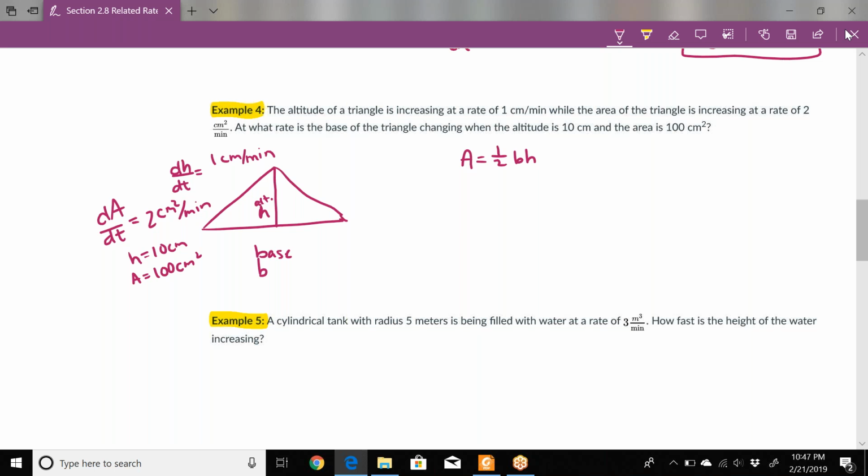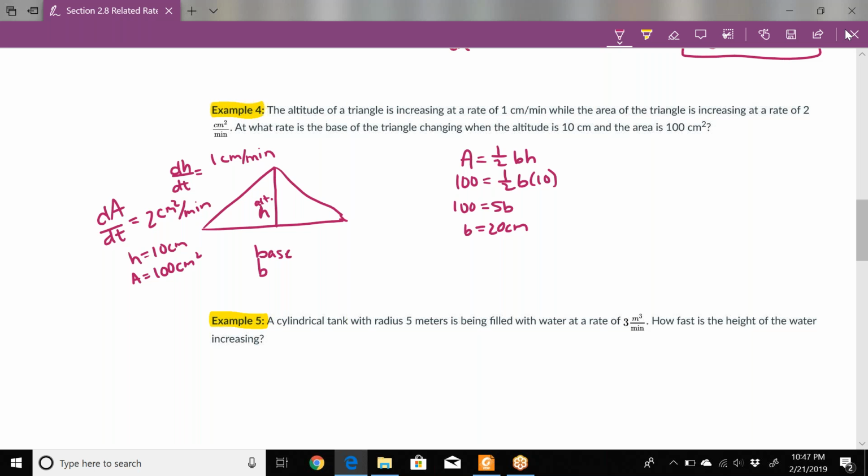We could use that to find the B at that point. So let's solve that. So that would be 100 equals 1/2 B times 10. So that's 100 equals 5B. So B equals 20 centimeters at that specific moment that we're at.